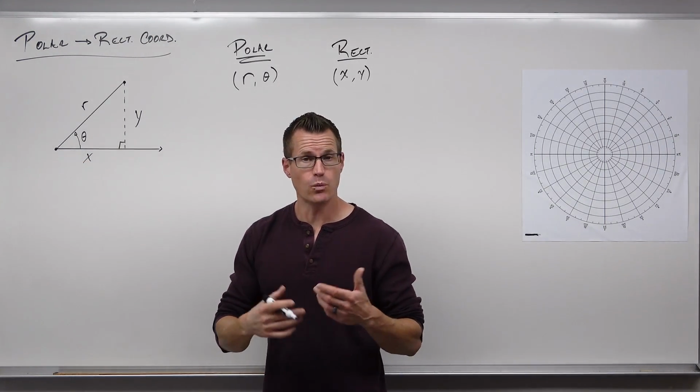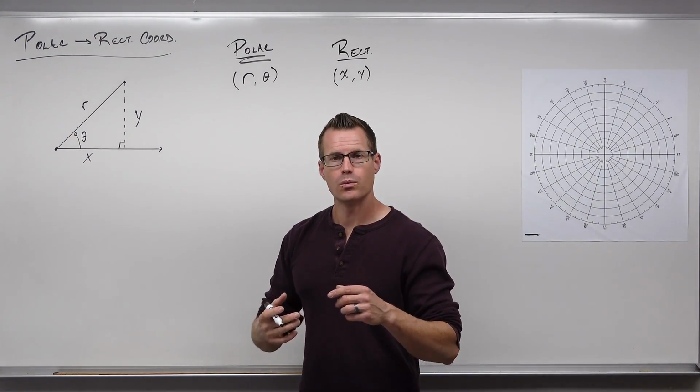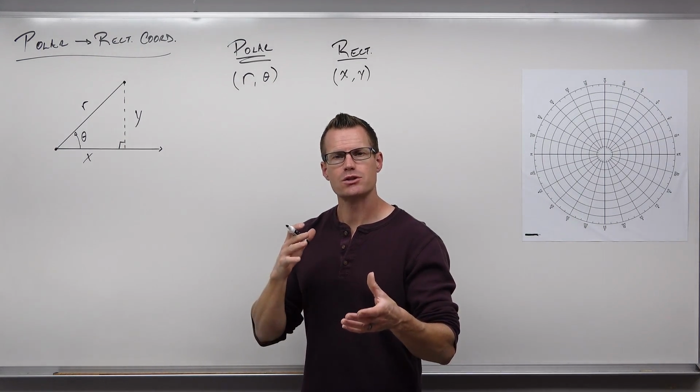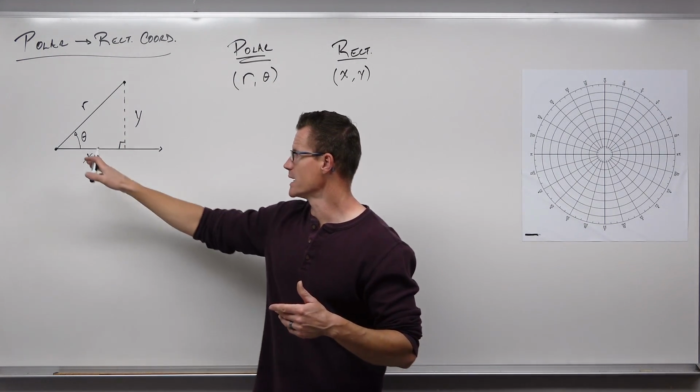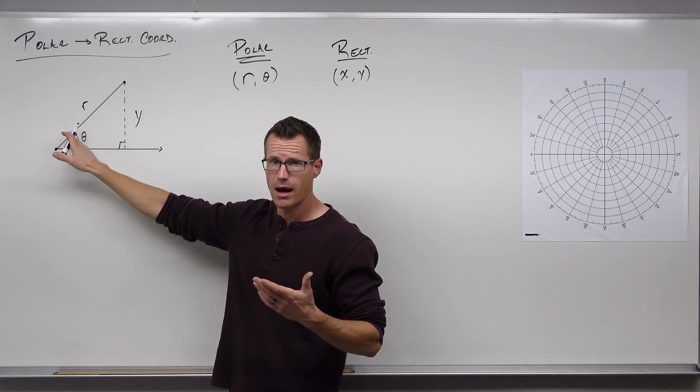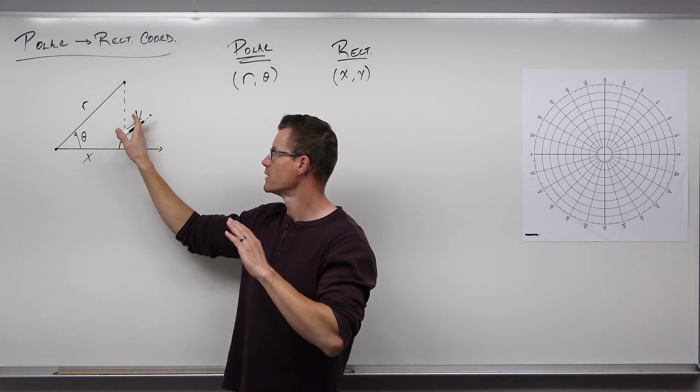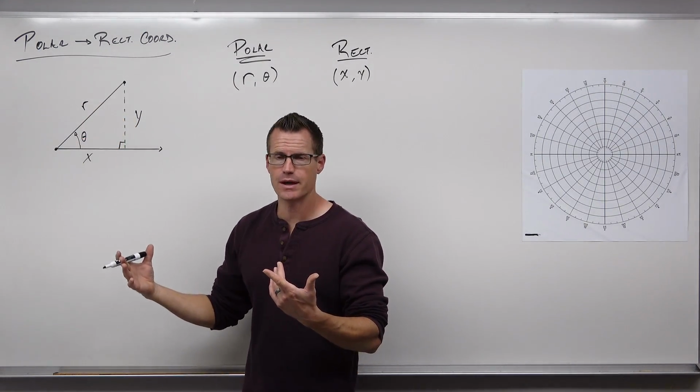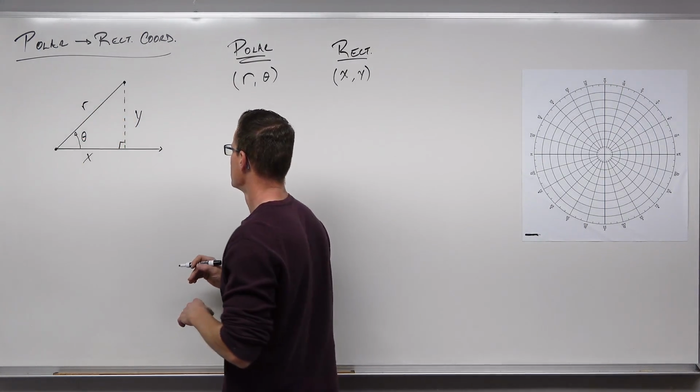Let's use our trigonometry. What in the world would we know? Well, we know sine, cosine, and tangent. So sine of whatever angle we have equals opposite over hypotenuse, or sine of theta equals y over r.